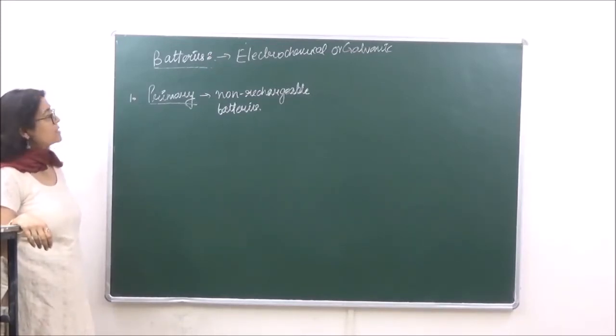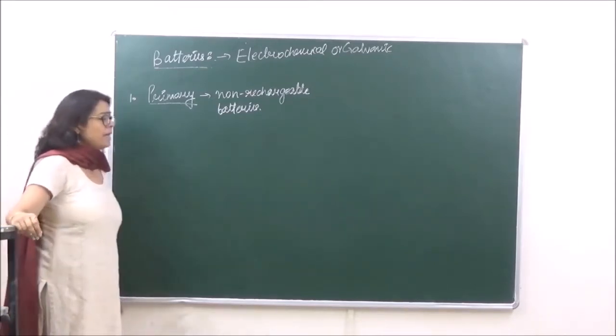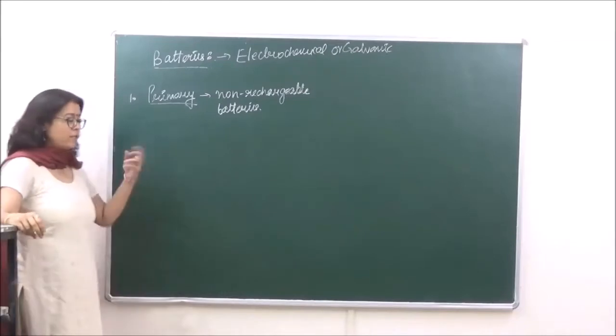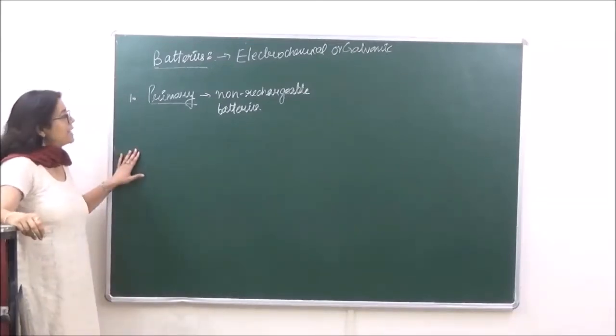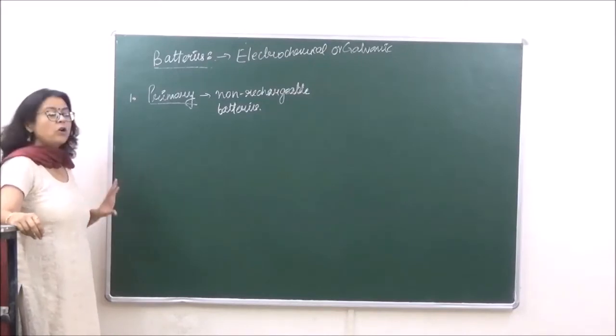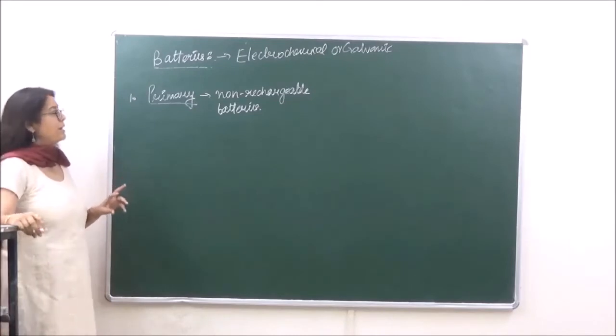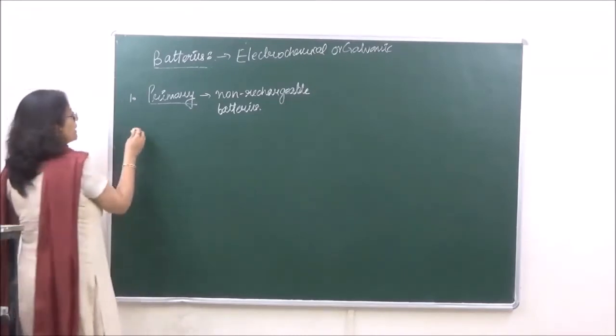Once either the electrolyte or the electrode, either the anode or cathode, is exhausted in such kind of batteries, it cannot be recharged, right? So we are going to do two kinds of primary batteries or primary cells.